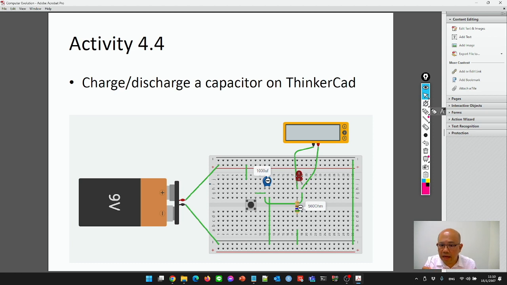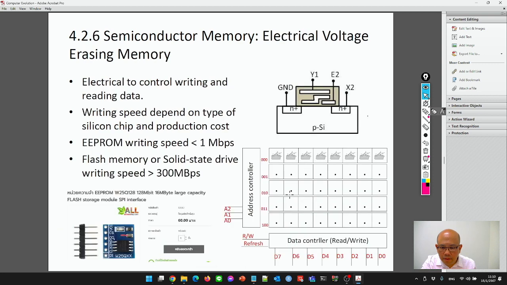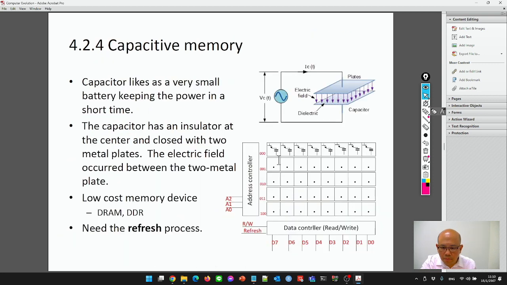So this is charging and discharging the capacitor. When you change to a big capacitor, charging and discharging take a long time. For the DRAM, this is a very small capacitor.